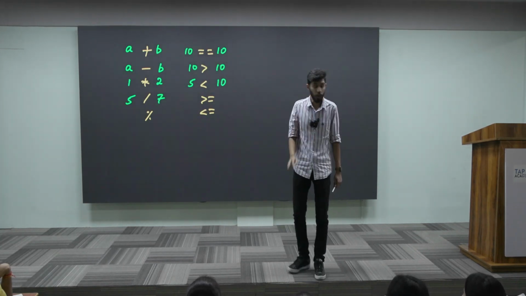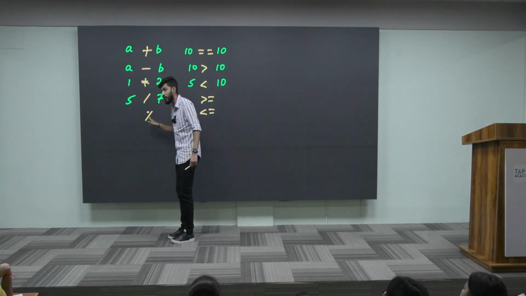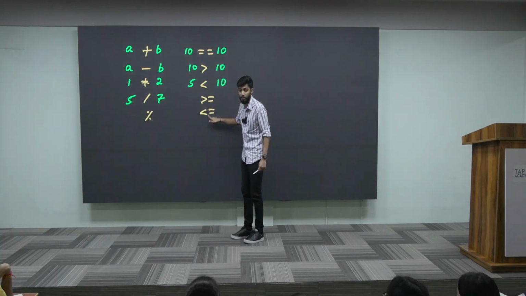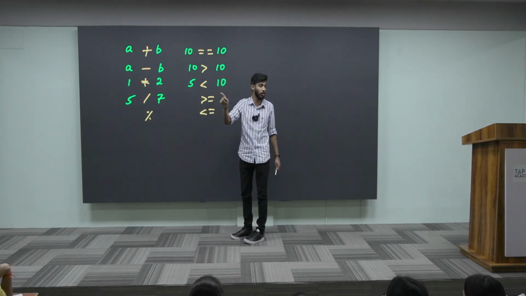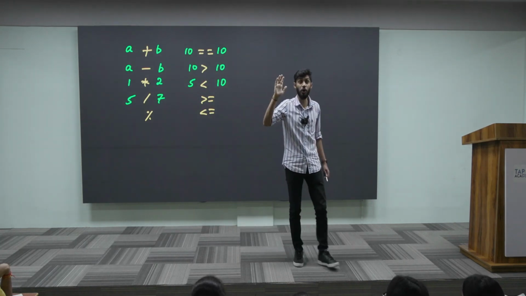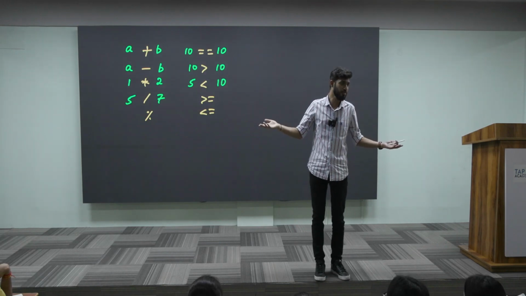Is that clear to you? So these things are categorized as arithmetic operators as well as binary operators. These are categorized as relational operators as well as binary operators. Is that clear to you? If anyone has a thought in your mind, how is it possible to categorize into two categories? It's very simple.